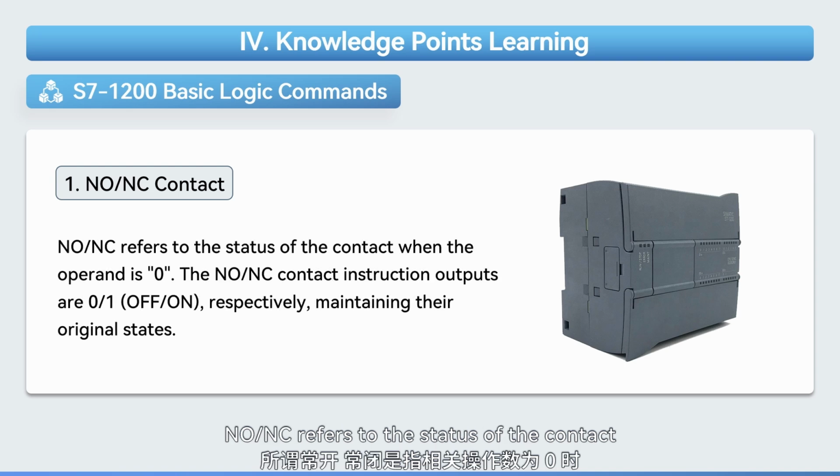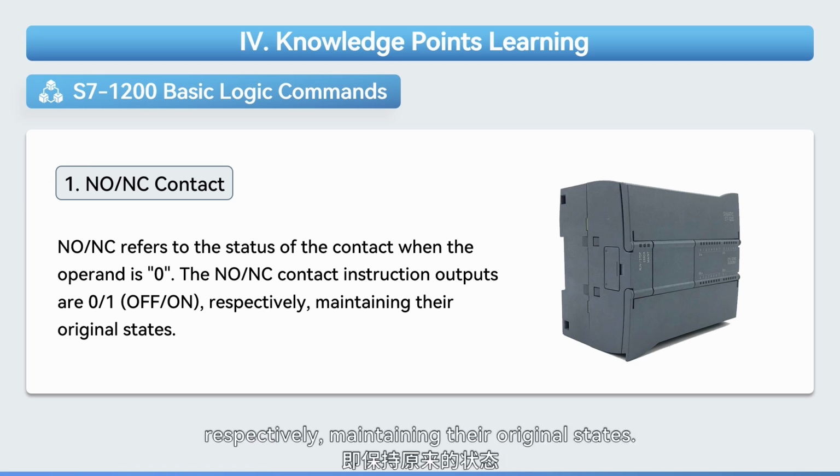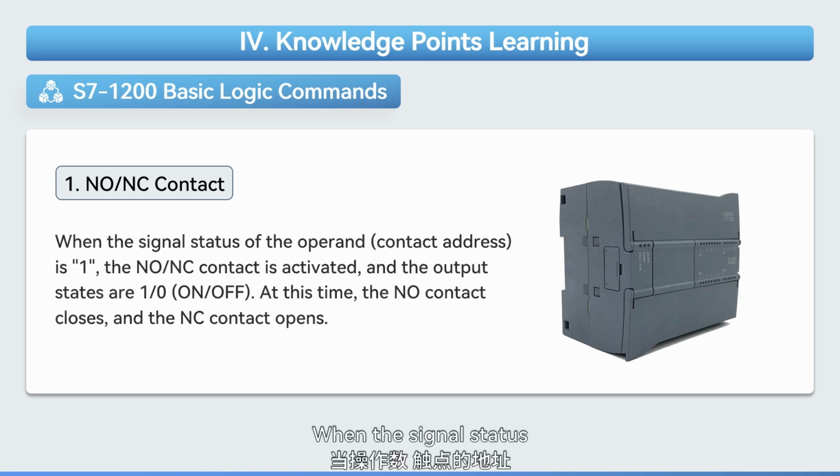NO and NC refers to the status of the contact when the operand is 0. The NO and NC contact instruction outputs are 0, 1, off, on, respectively, maintaining their original states. When the signal status of the operand, the contact address, is 1, the NO and NC contacts are activated and the output states are 1, 0, on, off.